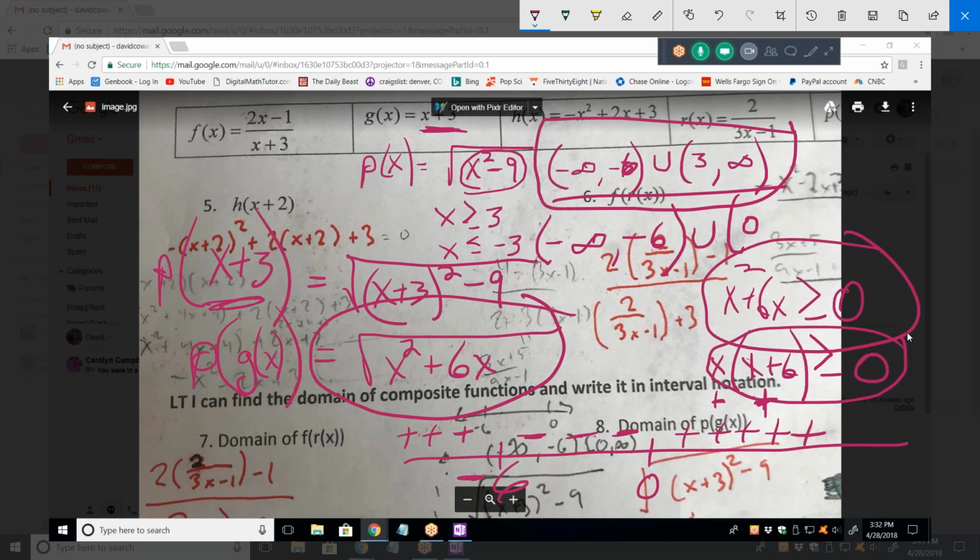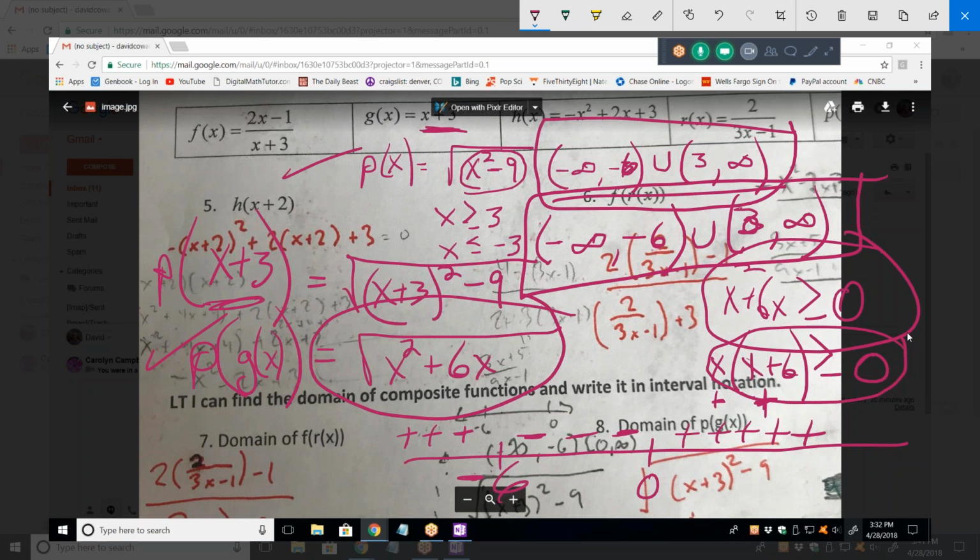Now let's see. I go from 3 to infinity. So right there is my final answer that combines all the domain restrictions that I need to combine. In other words, I have a domain restriction from p of x, and I have a domain restriction from p of g of x.